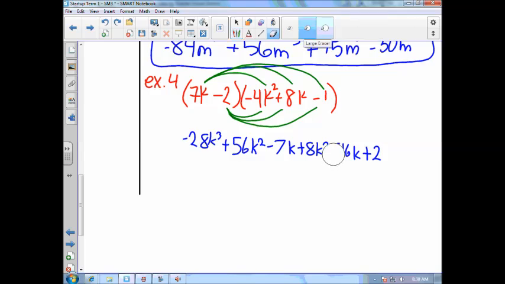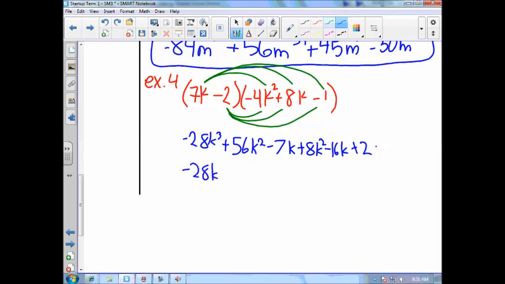Yeah, erase it. And the 8k is a k squared. 8k squared, because you erased the exponent. Okay. Plus, yeah, that should be right now.